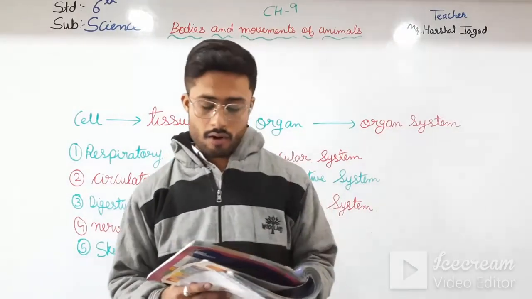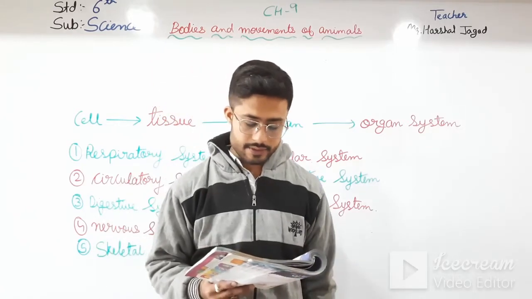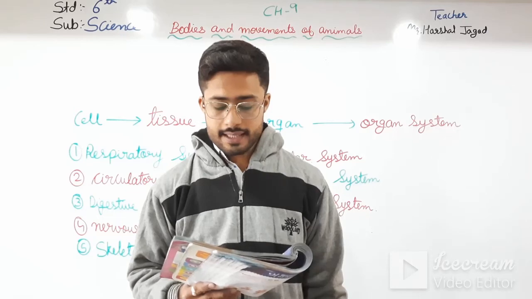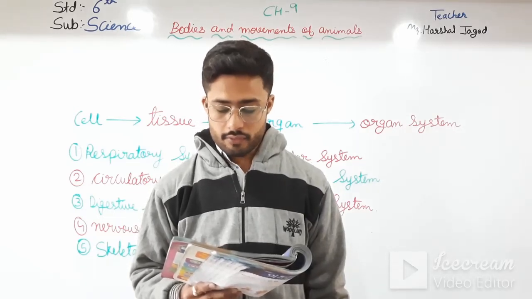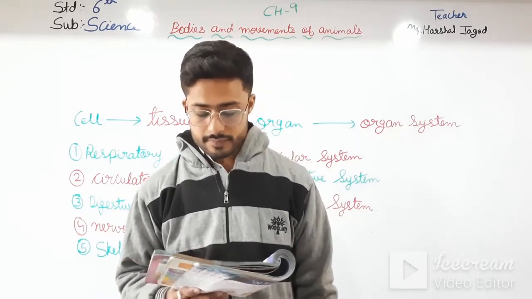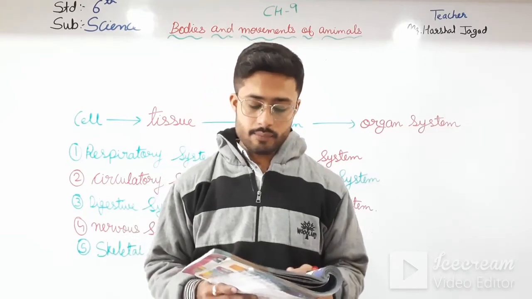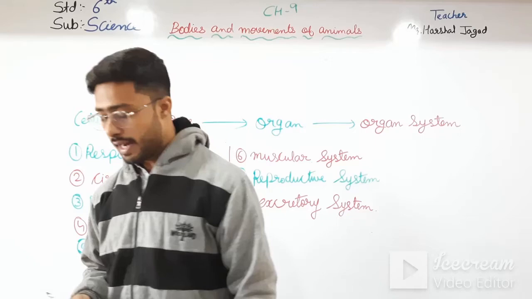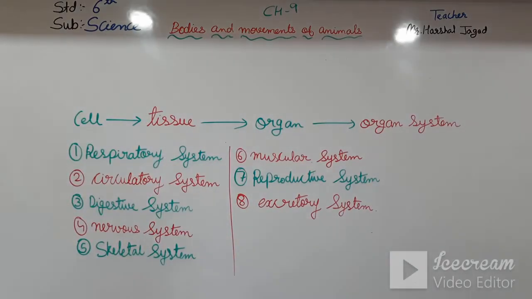The snail crawls on a slimy substance called mucus secreted by its muscular foot. Okay, here the snail moves. How does the snail move? By the foot. Okay, and we have kept up to here only, and we will go ahead in the next video.